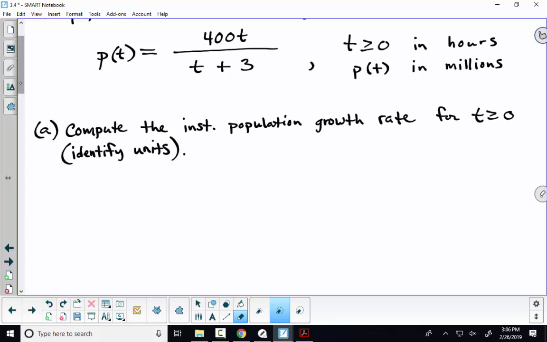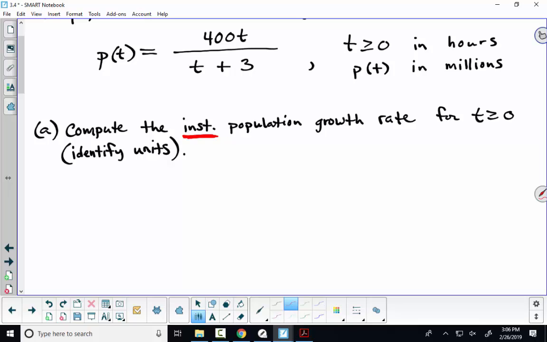So what are we asked to find here? Acceleration. No, we have instantaneous. Does that sound familiar? Yeah, slope of the tangent line, derivative. Instantaneous growth rate. Remember the instantaneous rate of change?